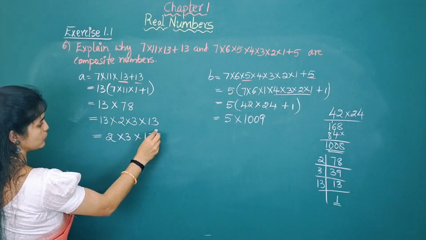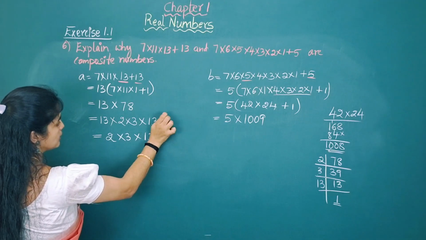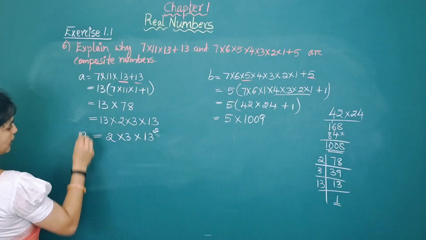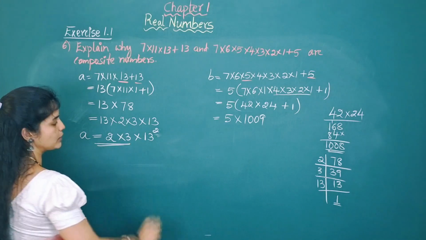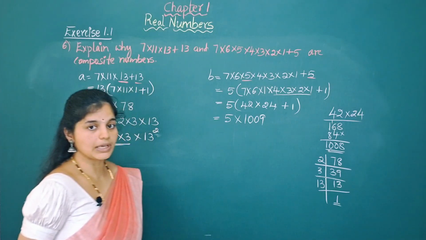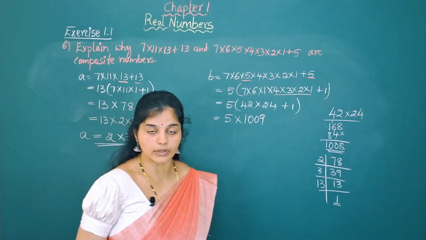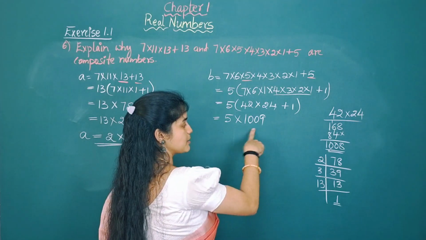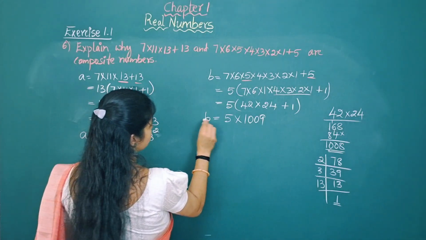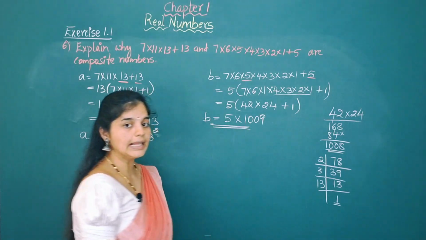Since 13 is present 2 times, I can write this as 13 square. So now the number A is written as 2 into 3 into 13 square. Now coming to the number B, we have 5 into 1009. 1009 is a prime number. 5 is a prime number. So B can be written as 5 into 1009.